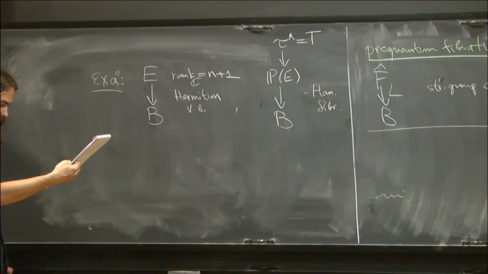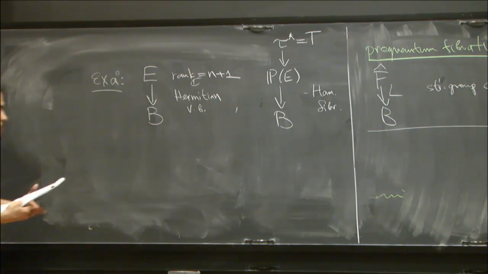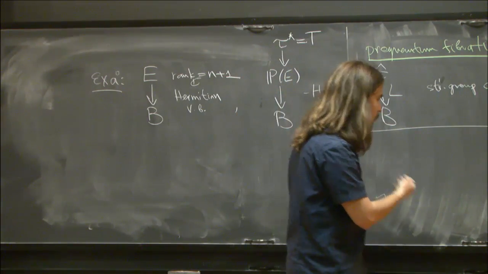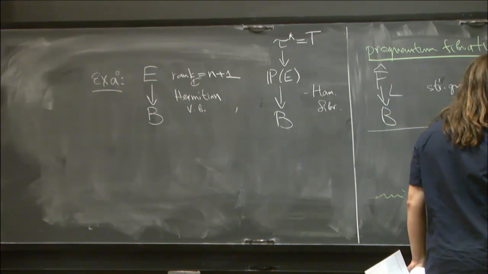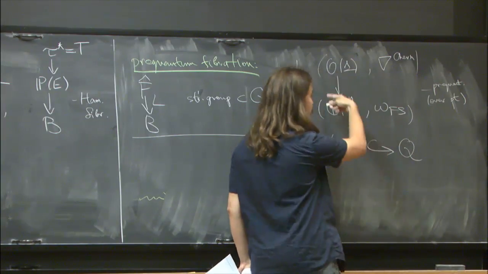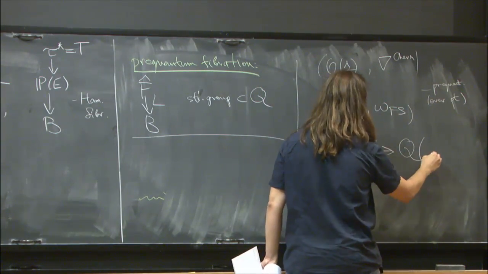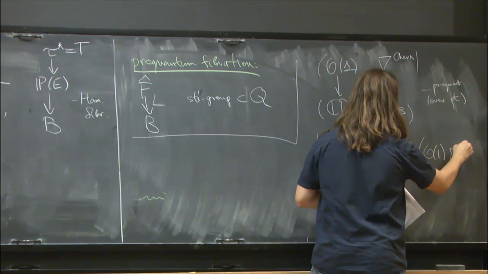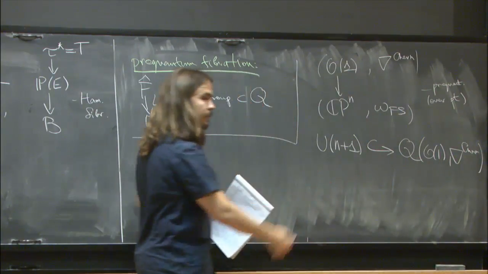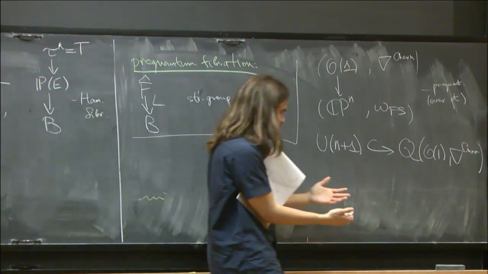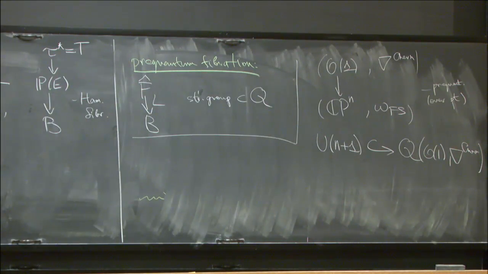Okay, and similarly to the Hamiltonian case, we have U(n+1) embedding into this Q group, in this case Q of O1 with its Chern connection. And in general, the thing to keep in mind is that Q to Ham is exactly like U(n+1) to PU(n+1).